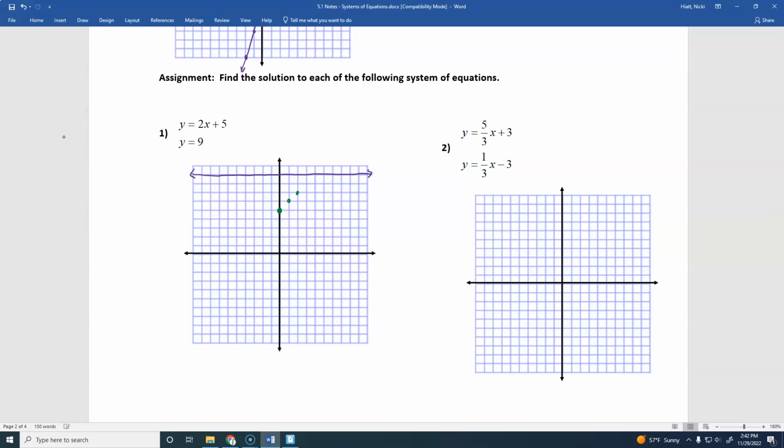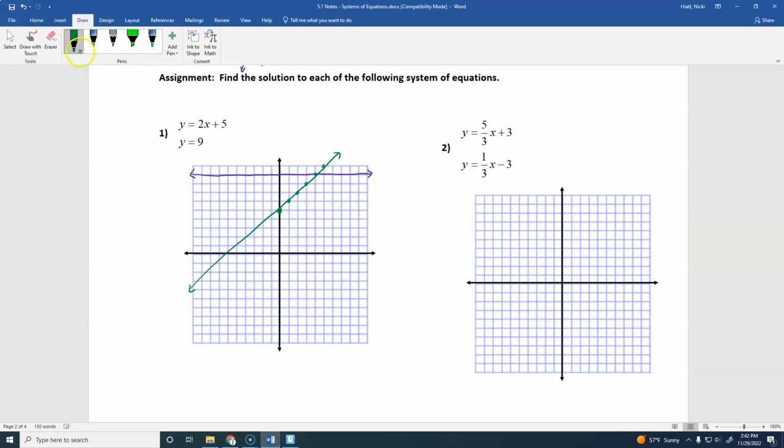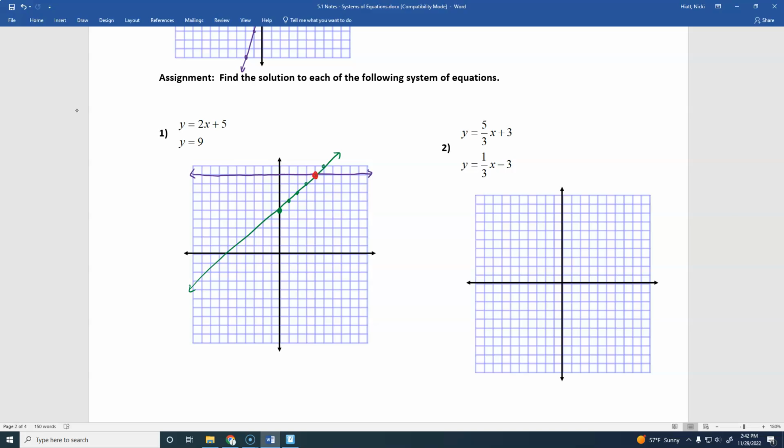And then we're going to graph this here. All right, and that intersection, that point where they cross, what are the coordinates of that point? I think it's 4, 9. Yeah, the x-axis 1, 2, 3, 4.